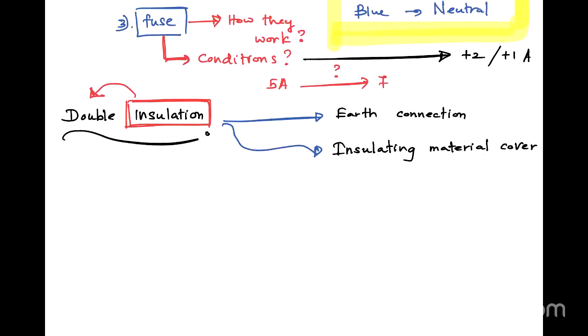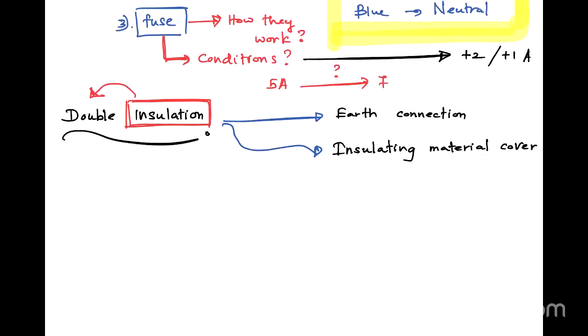cover, right? So in those ages, your parents might remember, we had those irons where the cover is also made out of steel, right? And even some electric kettles as well. Even now we can find those electric kettles made out of steel or some conducting material.